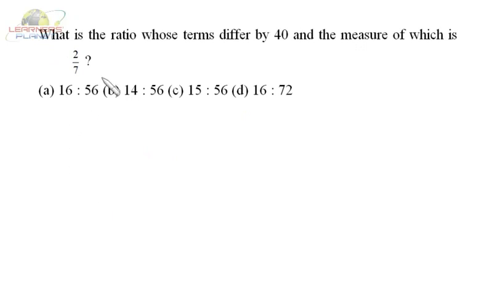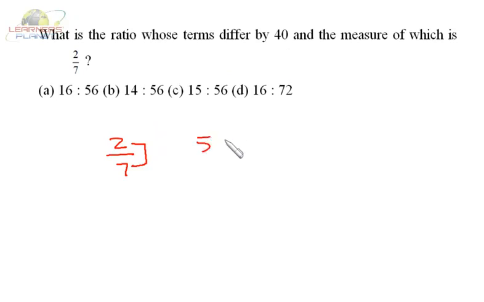Now in this question, what is the ratio whose terms differ by 40 and measure of which is 2 by 7? Friends, let's understand the concept of parts. Here we see the ratio is 2 by 7 or the fraction is 2 by 7. Here the difference between the terms, that is numerator and denominator, is actually 5, and we have been asked this difference to be 40.